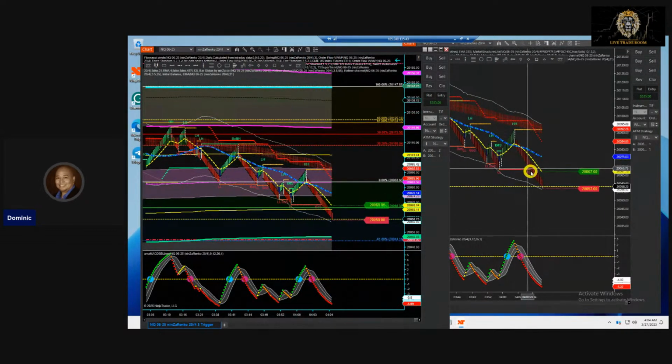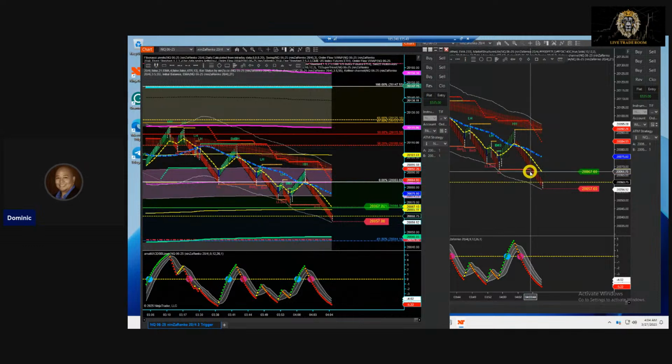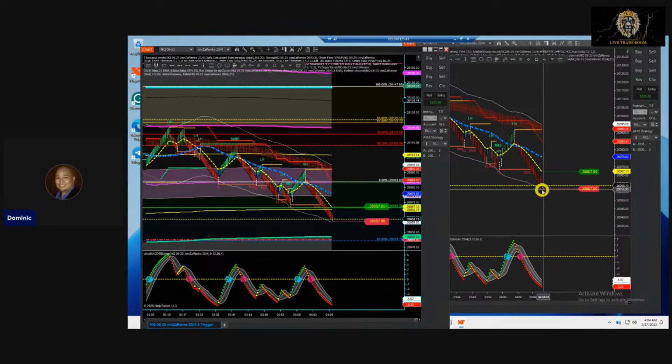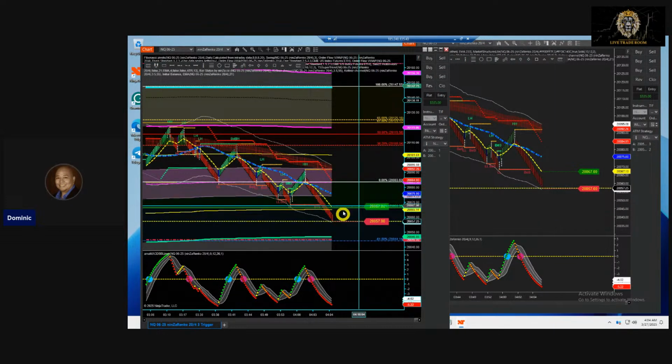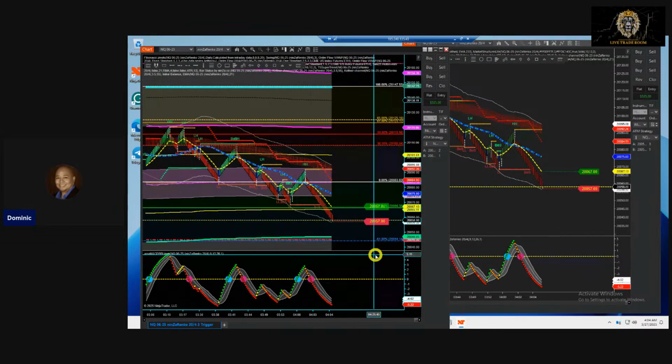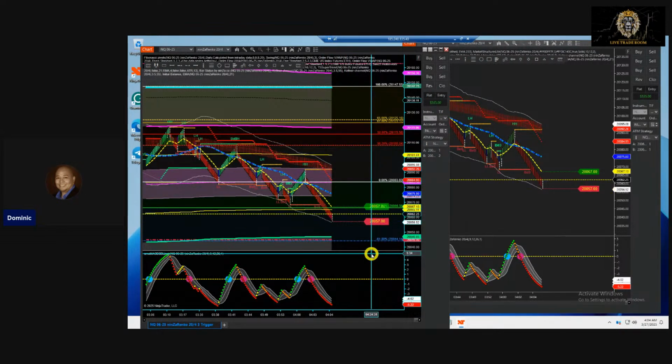Here, if you're looking at the basic, you're looking at the break of the structure, and basically your profit target would be the bottom of the Keltner channel. That would be your target. That'd be adequate enough. I know this might be getting down here, the 61.8 extension of the fib retracement. That clear?